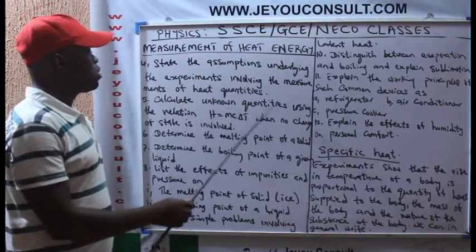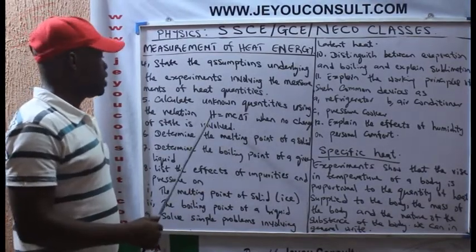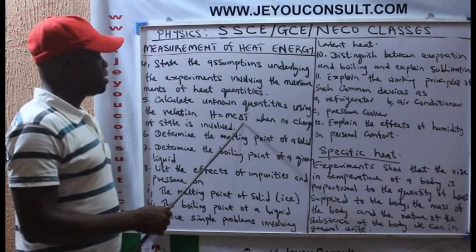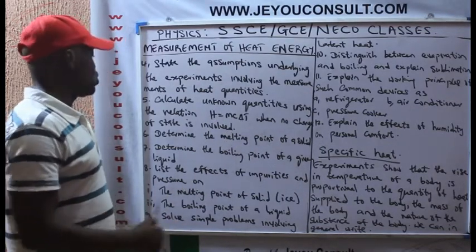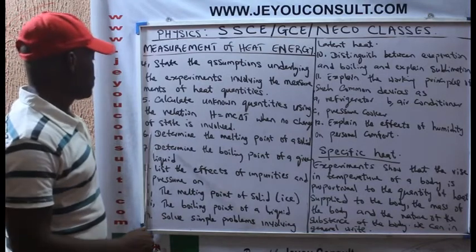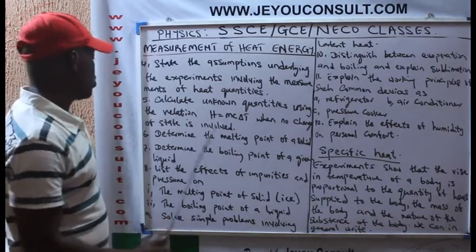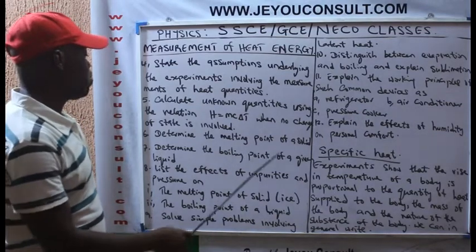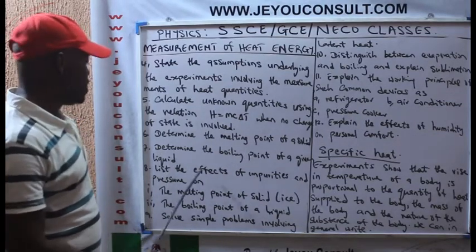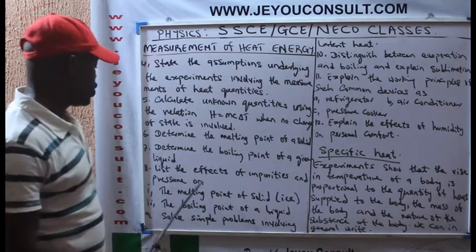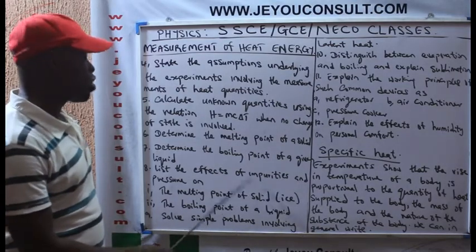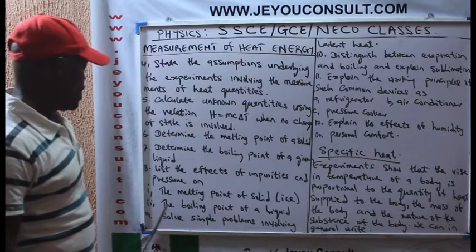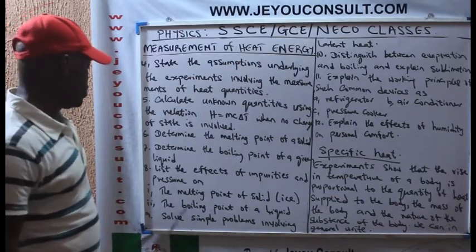Fifth, calculate unknown quantities using the relation that quantity of heat H is equal to mc theta, where theta is the change in temperature, when no change of state is involved. Sixth, determine the melting point of a solid. We are able to also determine the boiling point of a given liquid. List the effect of impurities and pressure on the melting point of a solid, taking ice as a case study, and also the boiling point of a liquid.